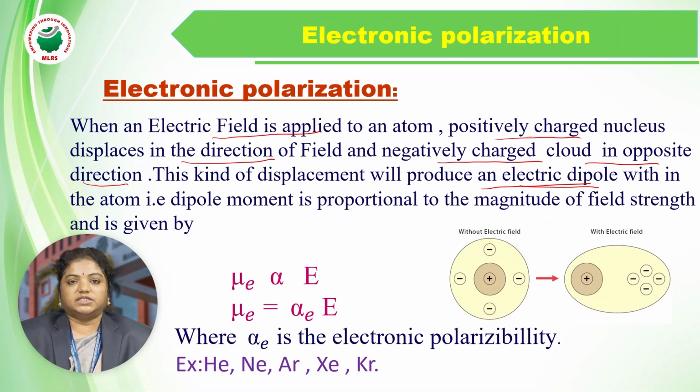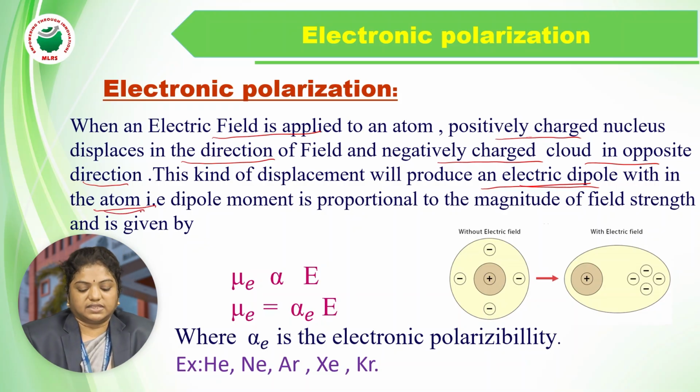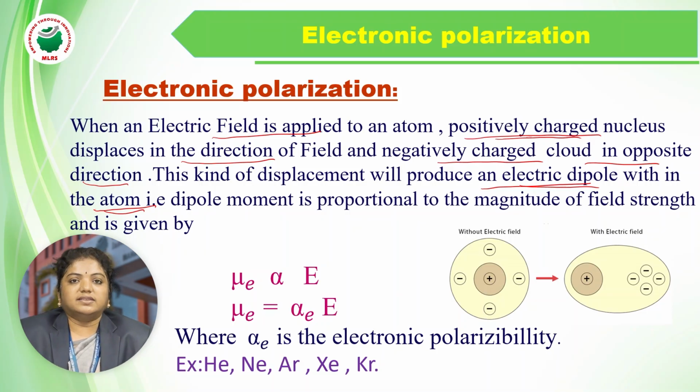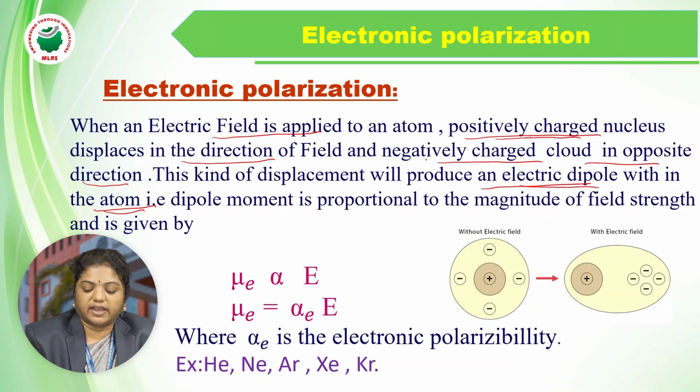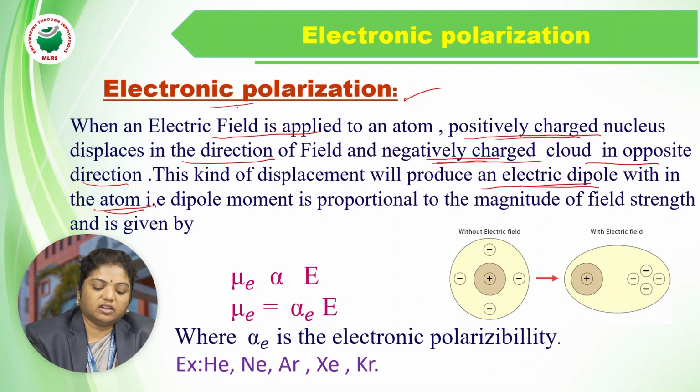Electronic polarization is especially observed in atoms. When the substance is placed in the electric field, the positively charged nucleus is oriented along the field direction and the electron cloud moves opposite to the field direction. This is called electronic polarization.